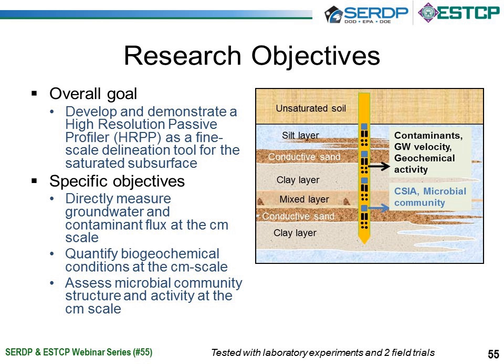So what we were out to do was develop a direct push technology that could passively evaluate the concentration of chlorinated solvents individually, the groundwater velocity, and geochemical activity, and by that I'm kind of lumping everything you might want to know about the geochemistry.